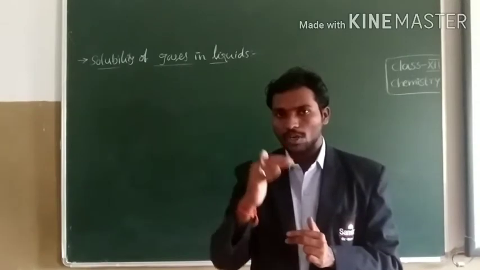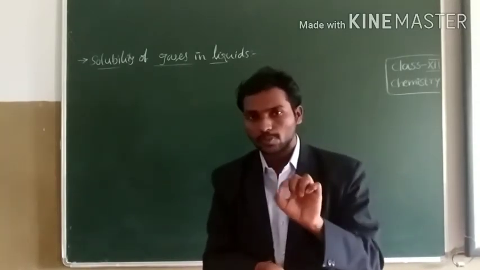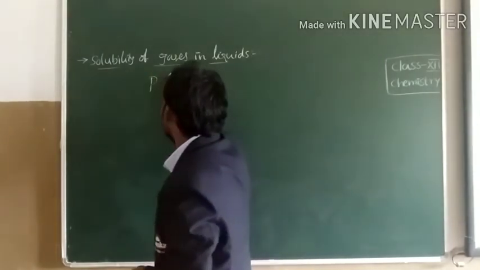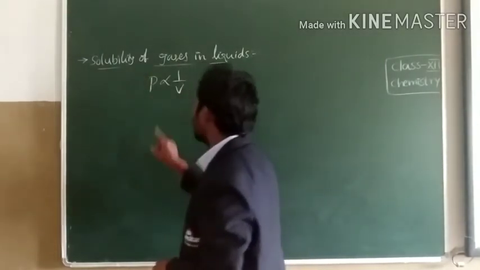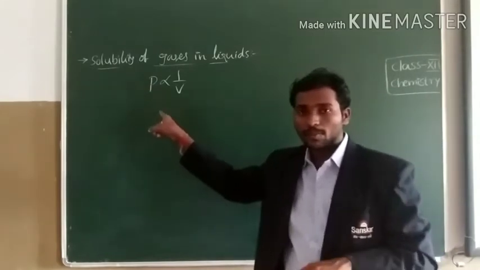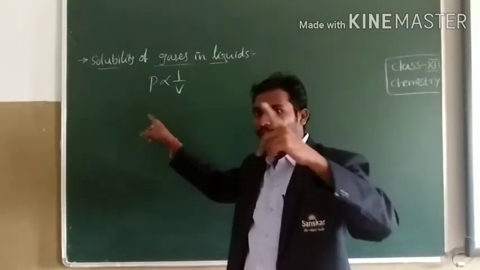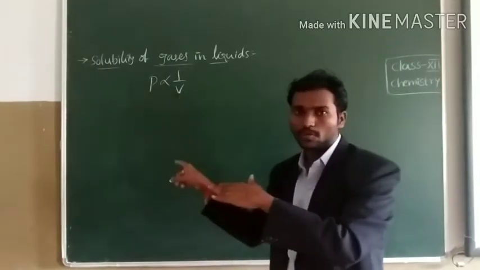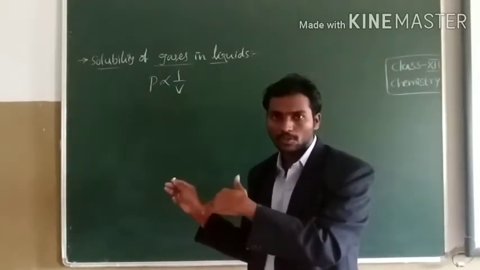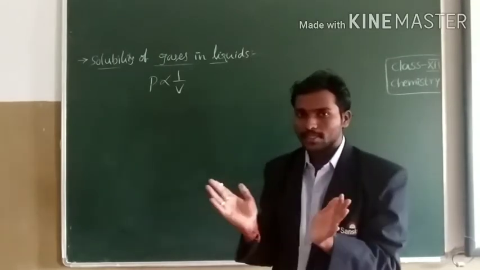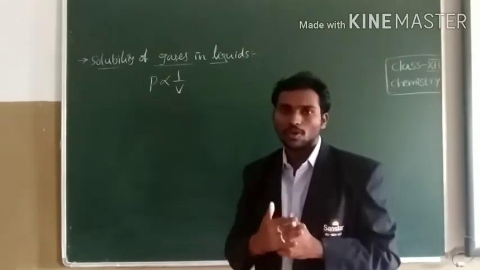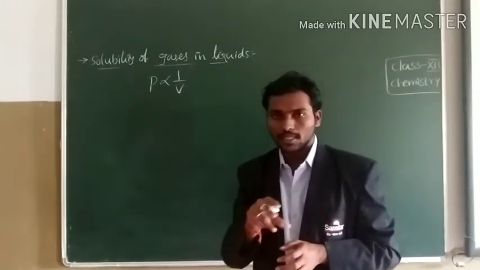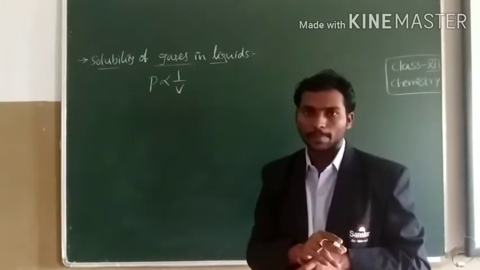That is possible when we apply pressure, because pressure and volume are inversely proportional to each other. When we apply pressure over the system, gaseous molecules occupy a lower volume. Many gaseous particles are then present in the smaller volume, which means a number of gaseous particles can easily dissolve in the given solvent.